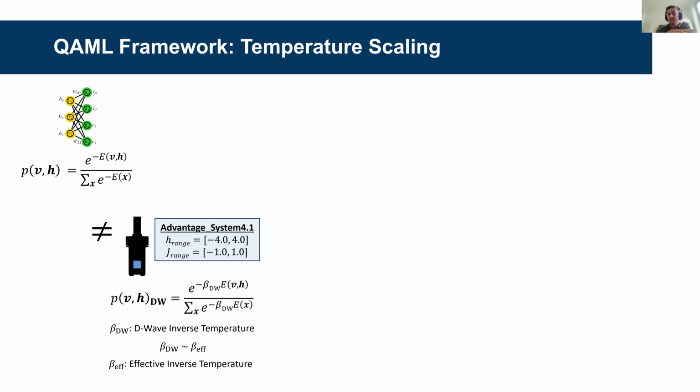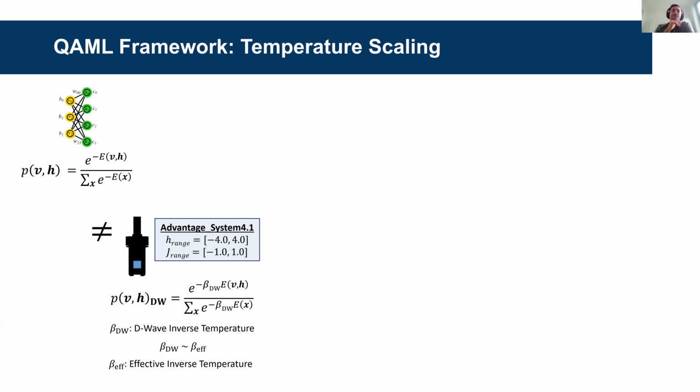And this is down to a temperature factor. That temperature, what I call here the D-Wave inverse temperature, is used to encapsulate all sources of noise, not just physical temperature. So there are methods to estimate that value. This is what we call the effective inverse temperature.